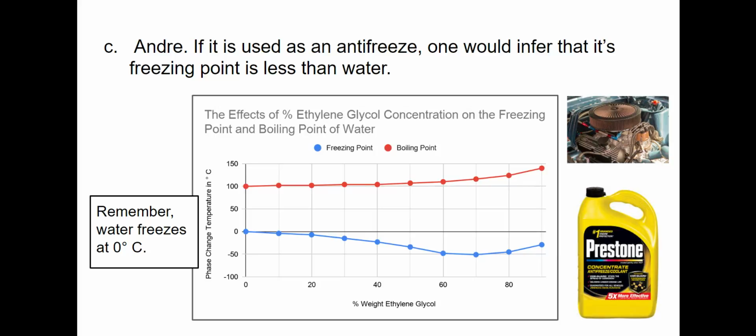A lot of times it's green or red in color. And when you have a leak, this is what makes all the steam come out from underneath the car hood. Another thing to remember also is that water freezes at 0 degrees Celsius. So go ahead and evaluate this one as either being true or false.